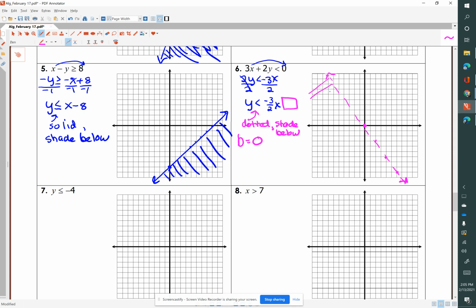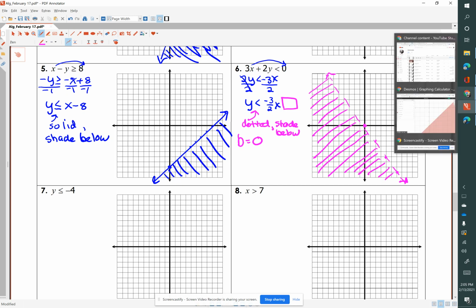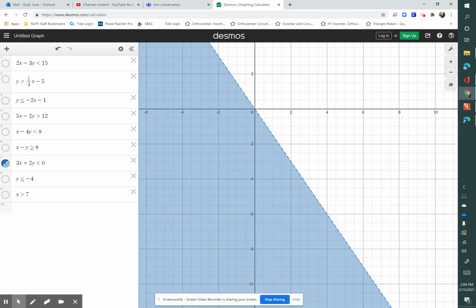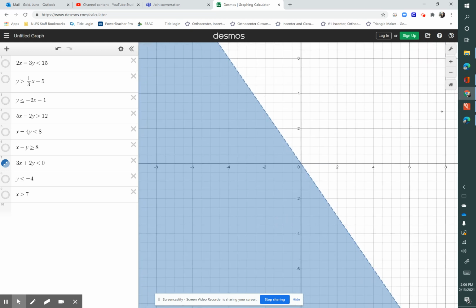And see how it almost looks like we're shading to the left, but there, even with a steep slope, we're still shading below the line. Let's compare it with Desmos. And there's our graph going right through the origin right there.